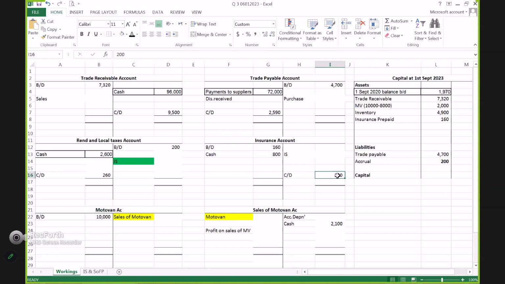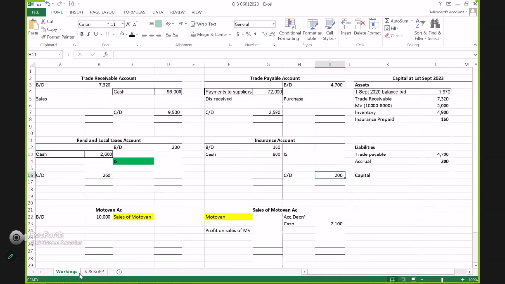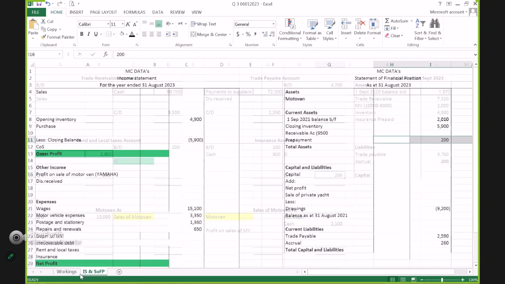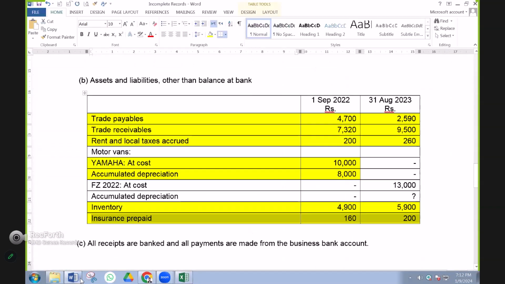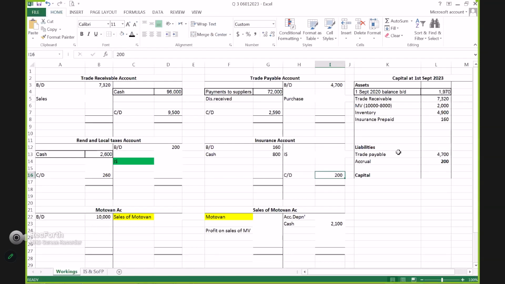So the prepaid insurance closing balance as an asset is transferred to the statement of financial position. Prepayment, how much? 200. Okay, 160 opening, 200 close.